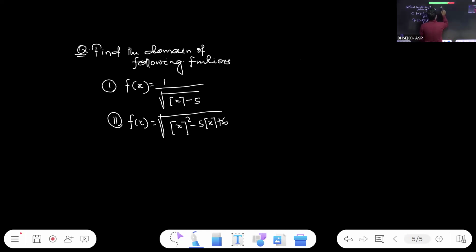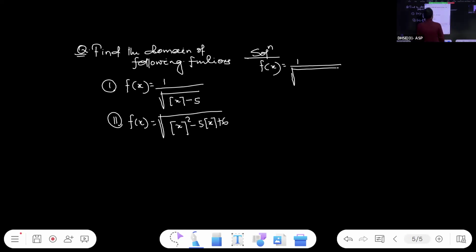Come to the solution. Question number 1. F of x is equal to 1 upon under root bracket x minus 5.